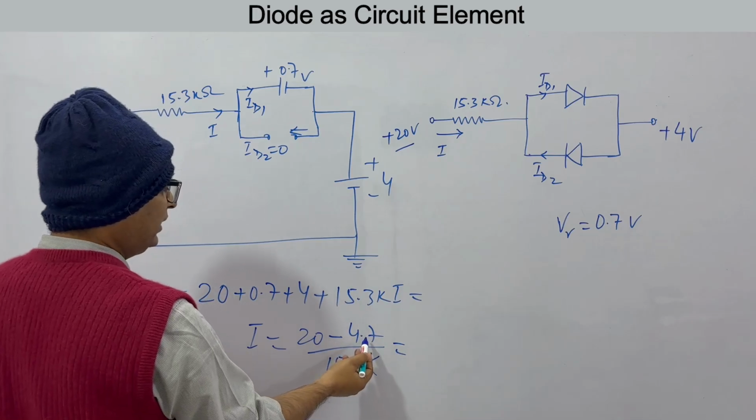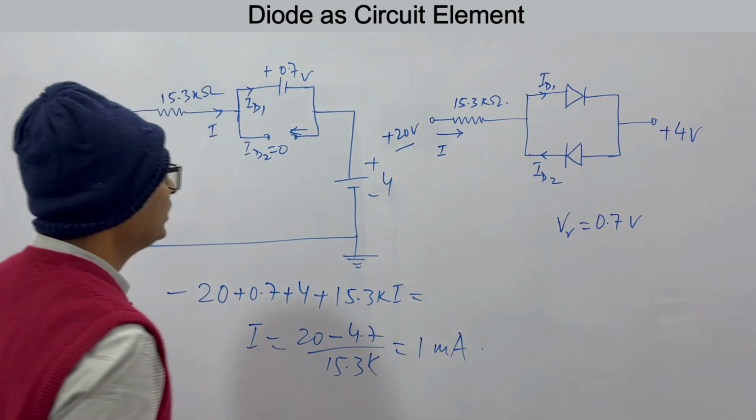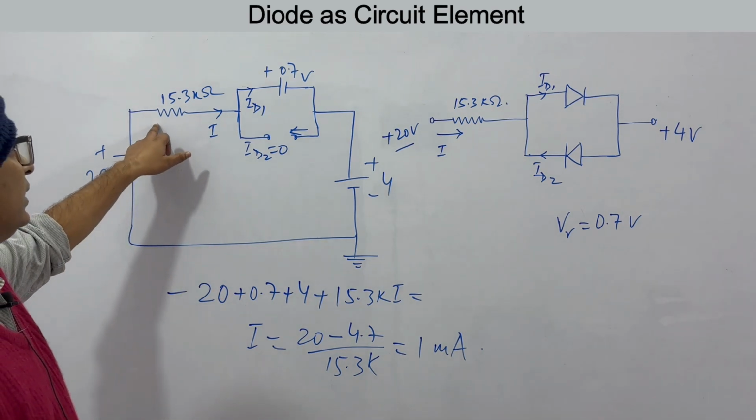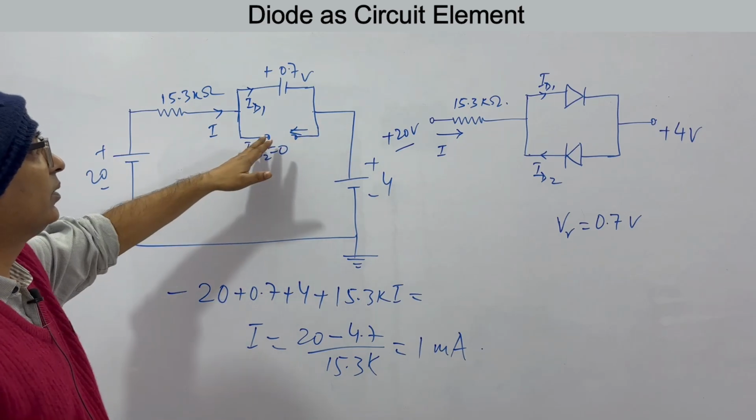So this is 15.3 by 15.3, and kilo becomes milli. So this is 1 milliampere. Clear? The current will be 1 milliampere and this will go through this circuit, and this other branch will be an open circuit.